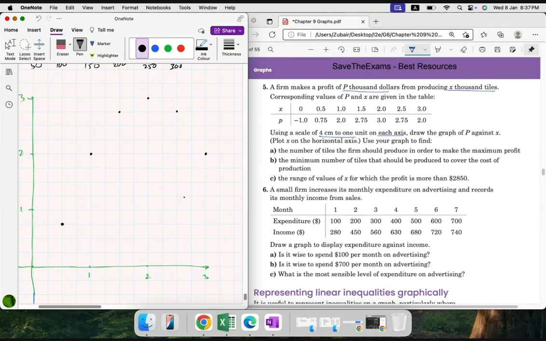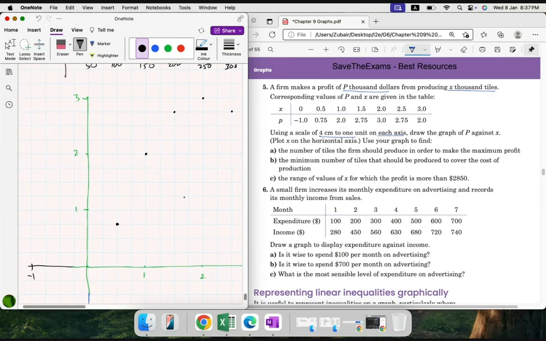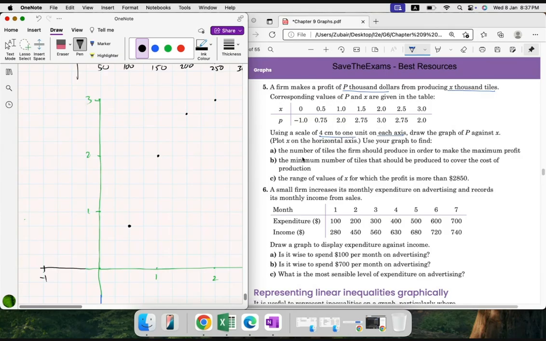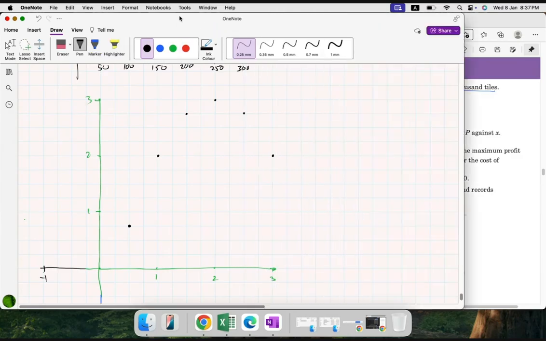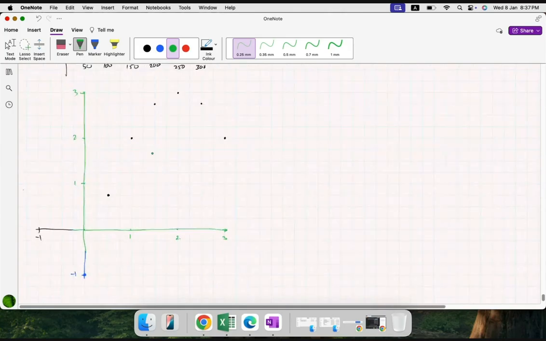So number of tiles are increasing and the profit is actually decreasing. Okay, now let's just first draw the curve and then move to the next part.